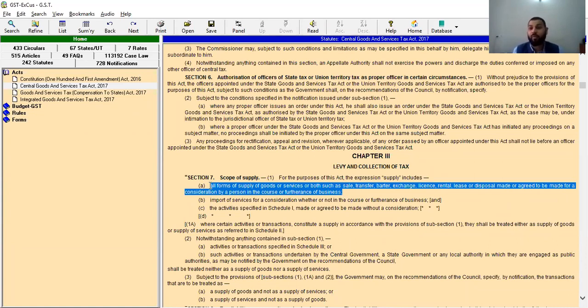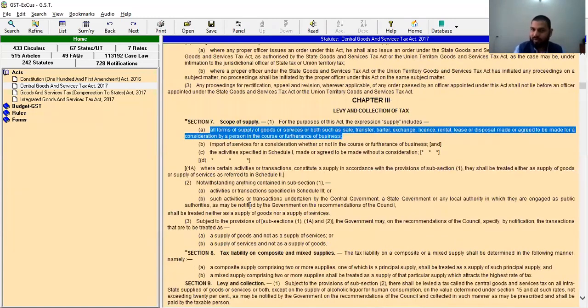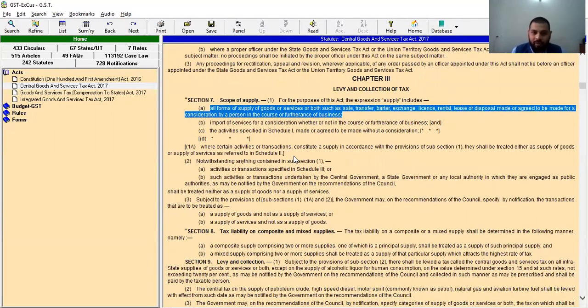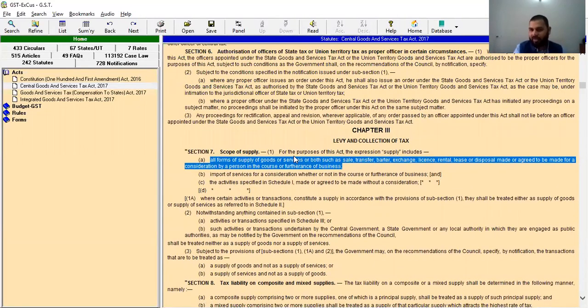Import of service was required to be made for a consideration. But as an exception, wherever there is an activity in Schedule 1, there need not be any consideration. Then also it will qualify as supply. Thereafter, we get an idea of what all is supply.